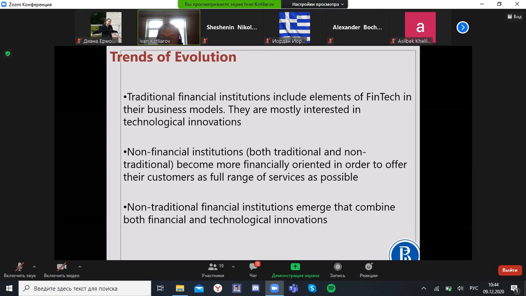They combine financial and technological innovations, so they create new financial products like crowdfunding, for example, that use technological innovations, for example, existence in the virtual space. So Kickstarter is a good example of a non-traditional financial institution. Guys, do you understand it? Yes. Okay. So let's continue, guys.